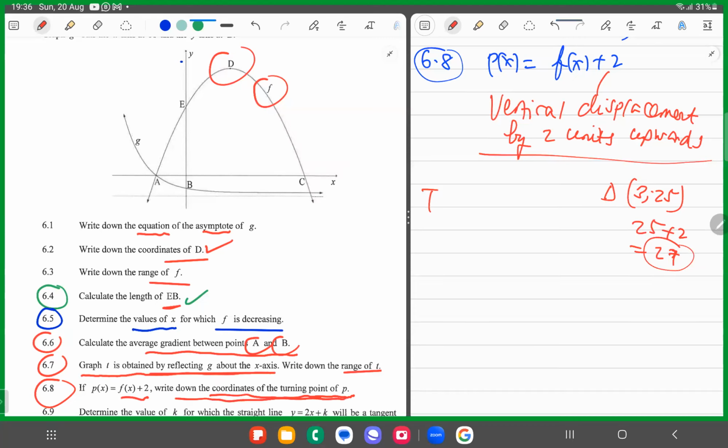The coordinates of the turning point will be 3 and 27. Note that because it's going up by 2 units.